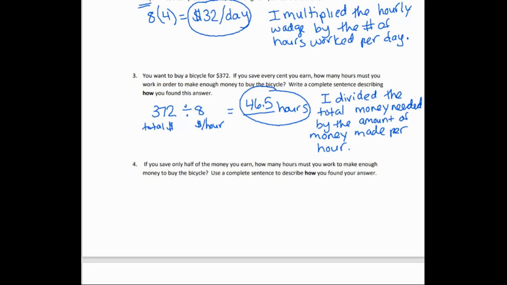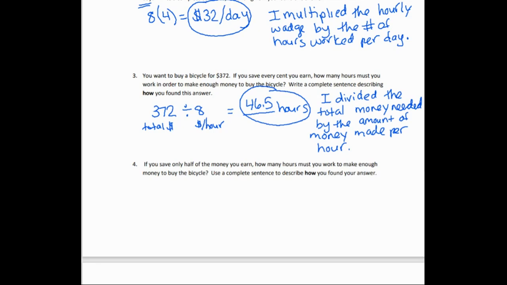So number 4 says, if you save only half of the money you earn, how many hours would you have to work to earn the bike? So before it was saying we make $8 an hour and I'm actually saving every $8 to put towards the bike. This time around it's saying I'm making $8 an hour, but I only save half of that.